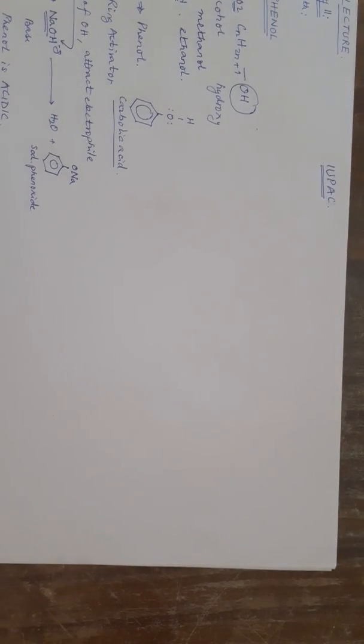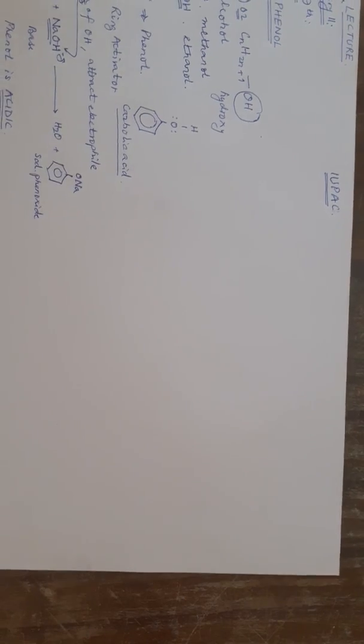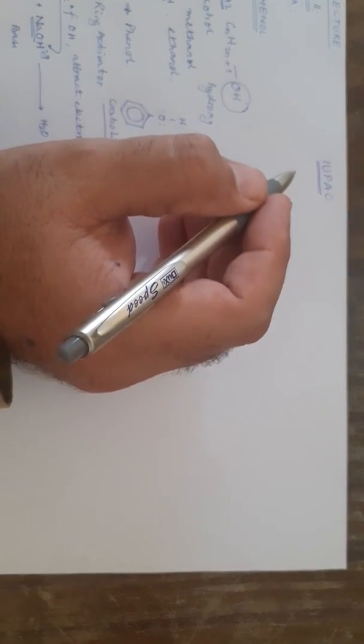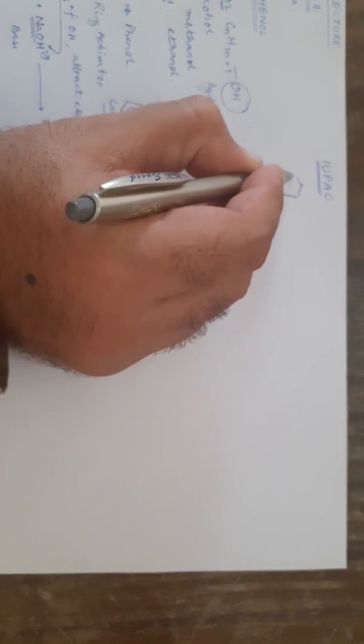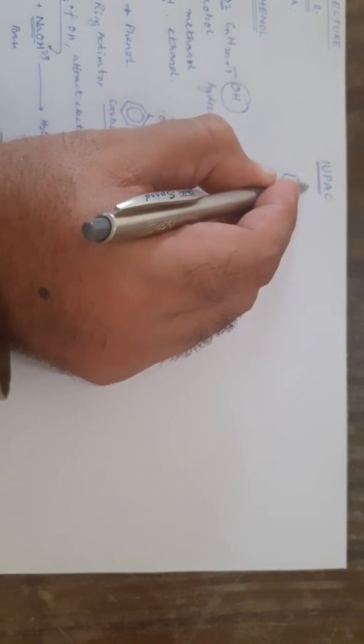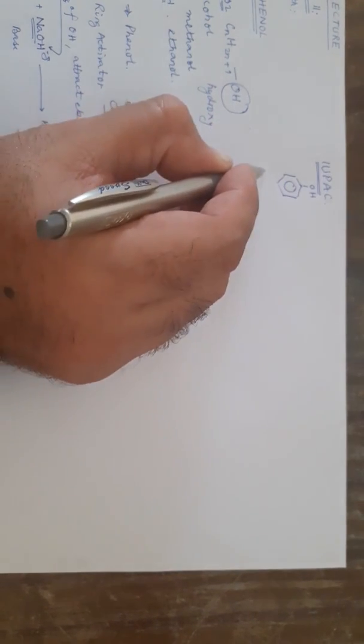So as there are rules for many families, there are also rules for phenol. Now, if you just go to simple phenol, there's no issue. It has a common name, phenol.